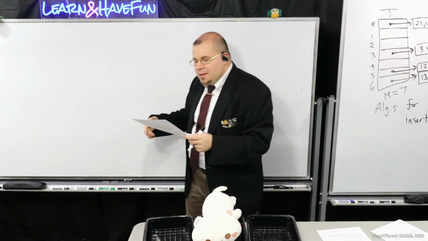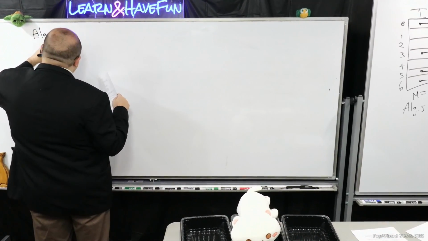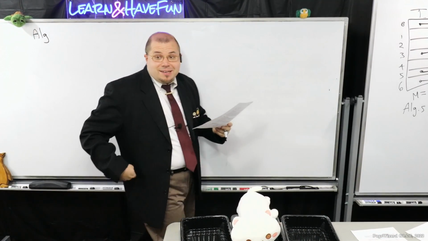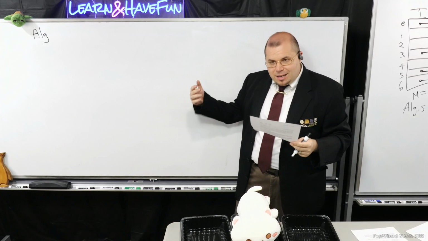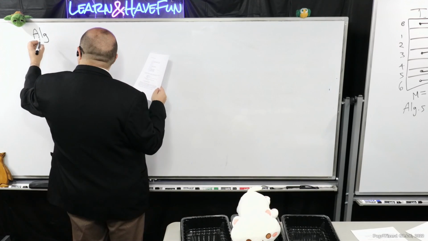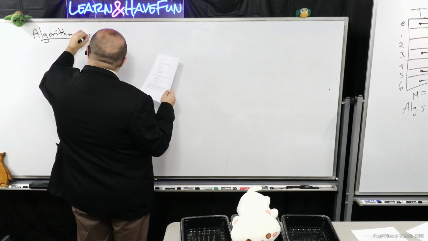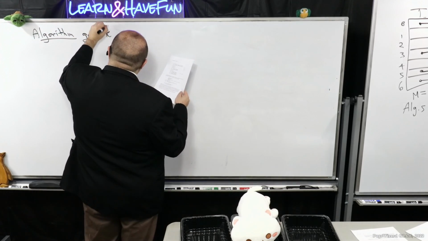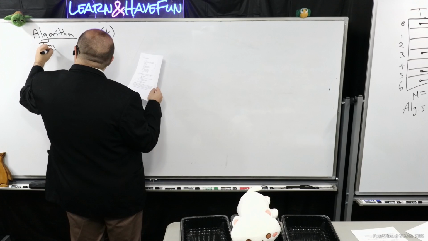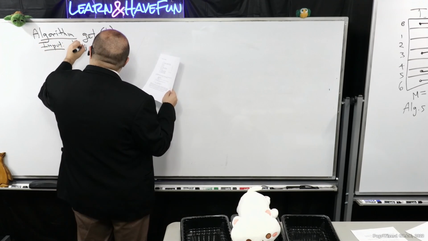Okay, so we're going to have the algorithm. I'll write out the algorithm based on what we just discussed, and then we're going to analyze it. This time I'll do it a little bit more carefully. Algorithm get takes in a key. Input: key k.